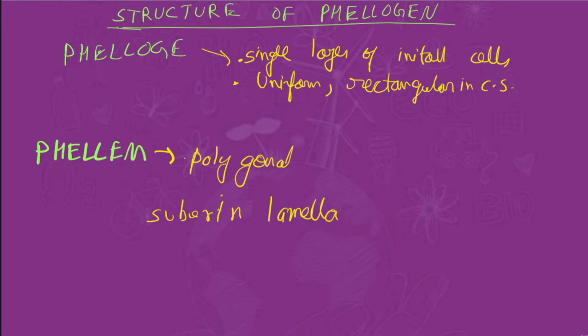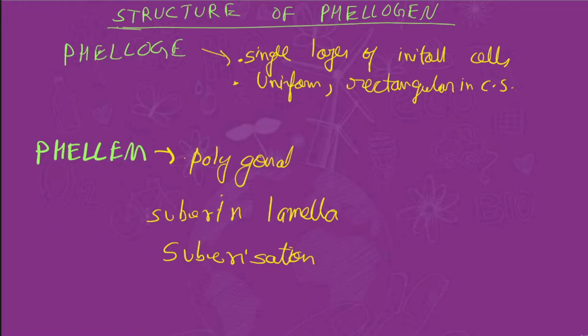This substance, suberin, is highly impervious to gaseous water and resists the action of acid. This phenomenon of impregnation of walls with suberin is known as suberization.